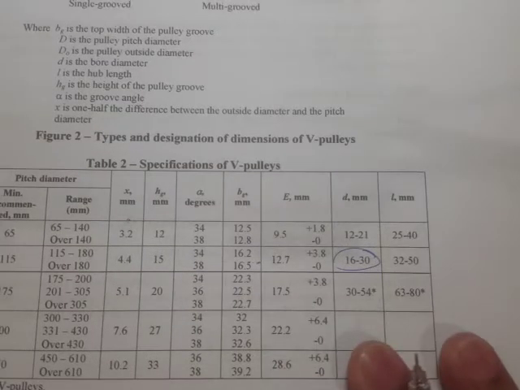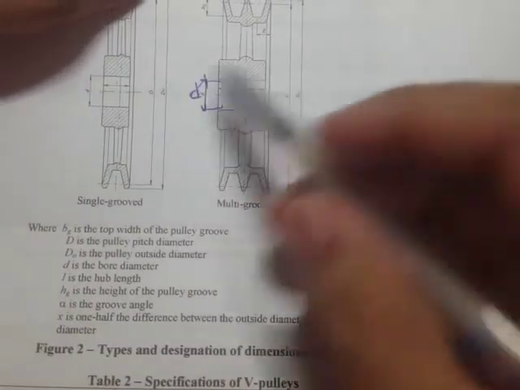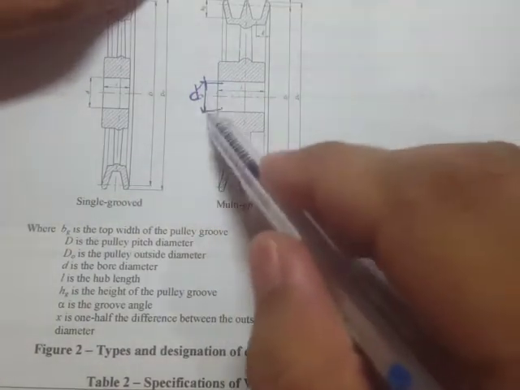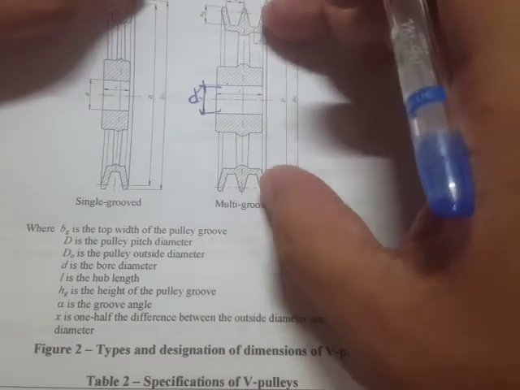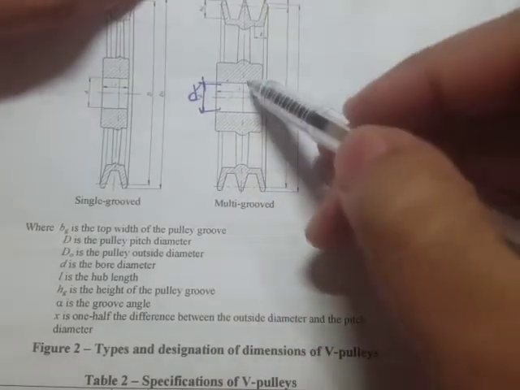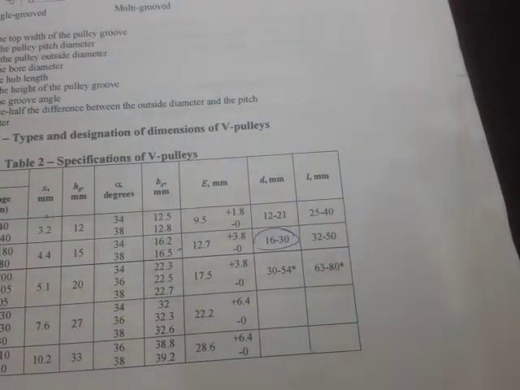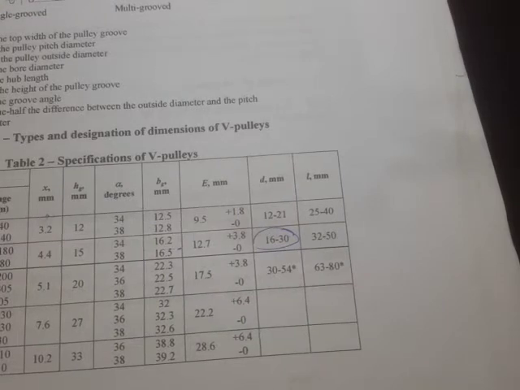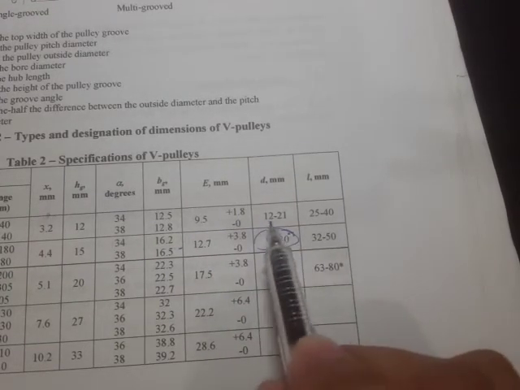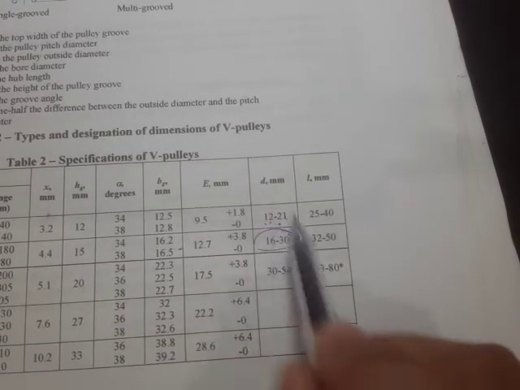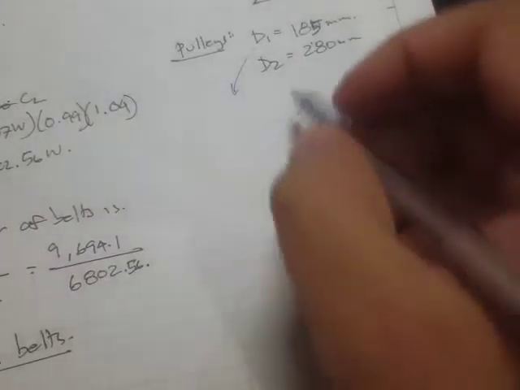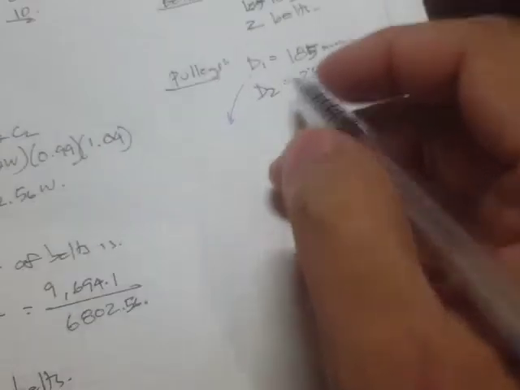But sometimes if you use a very small pulley, then maybe this will be the problem, the bore size. Because if you have a small pulley, then of course the bore size would also become small, right? So just like this one, 12 to 21 mm. Okay, so let's just use 25 mm.